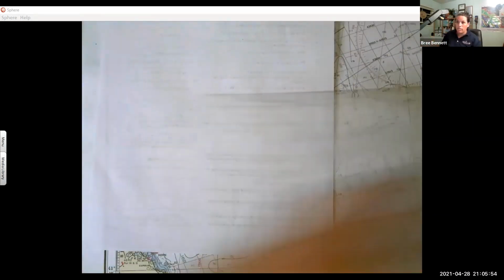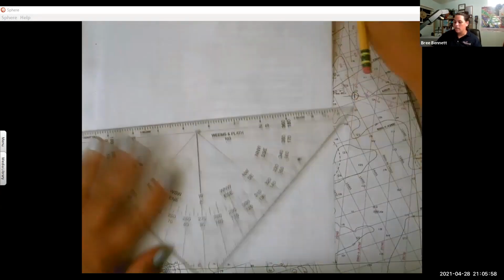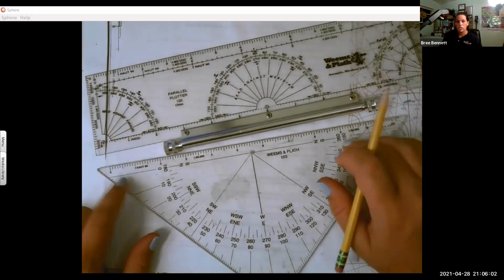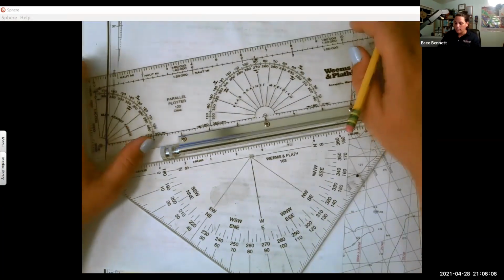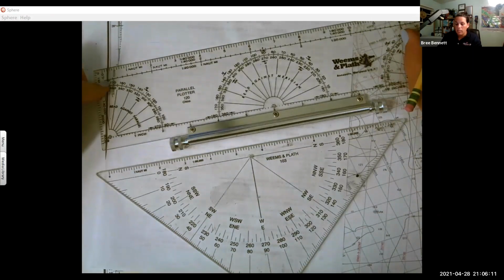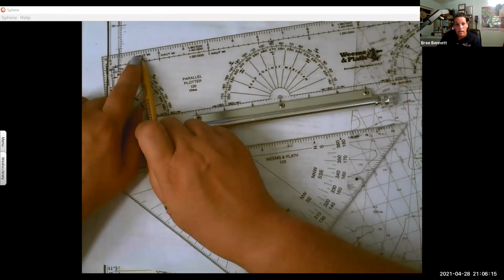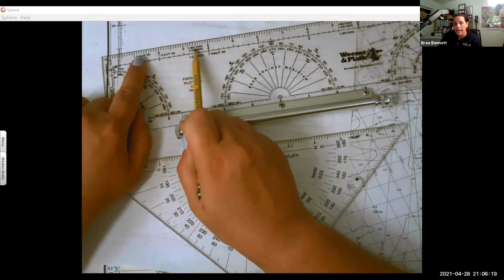Another thing I want to mention before I answer Barbara's question is that on both your roll plotter and your chart, on the long side that we are measuring our course on, there is a distance scale. So we have where it says 1 nautical mile, and it has 1 to 80,000.